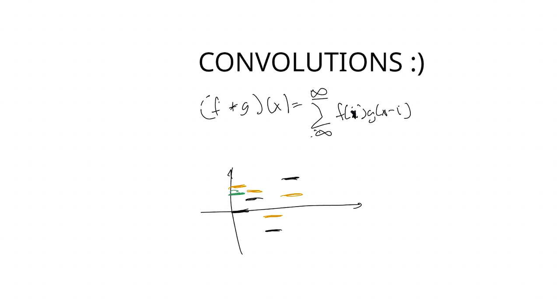Then for each of these, you multiply these two values, and these two values, and these two values, and these two values. And we're assuming this extends off to infinity.